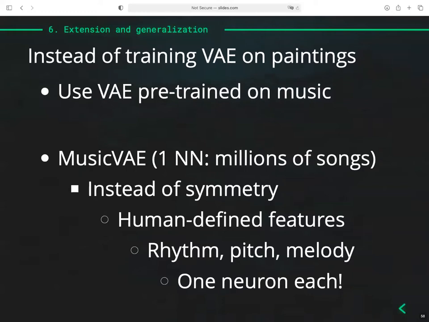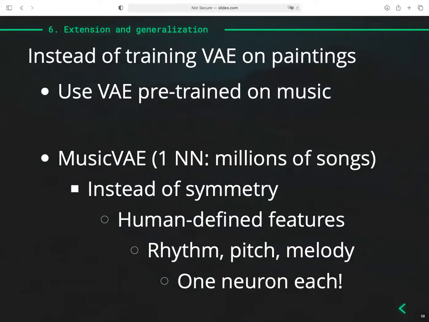Actually, that's one thing we've looked at as well. Because we wanted to save time and not train our own neural net on a problem, we wanted to look at music anyway, initially for symmetry. But it turns out that the logic we were doing, because we started looking at symmetry, applied to music makes more sense if we look at parameters that people have already defined when they study music.